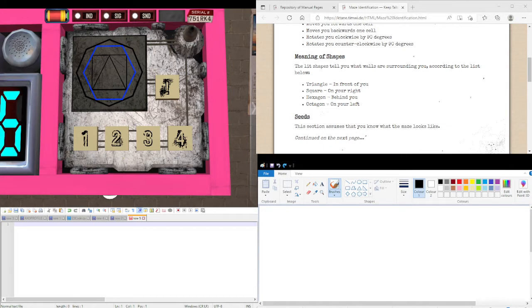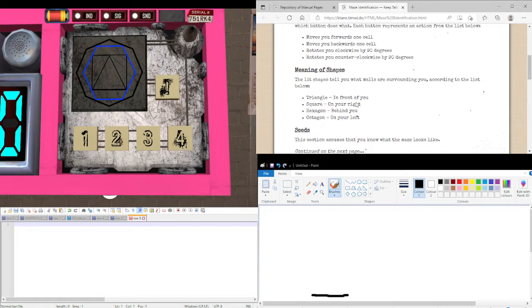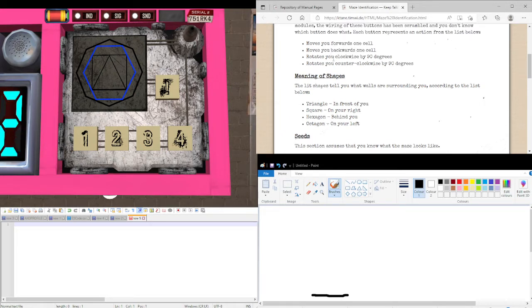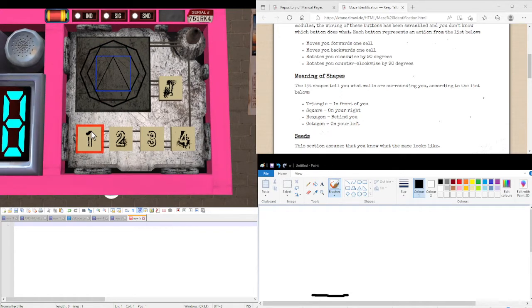So let's start with, we've got a lit up hexagon, meaning that our only wall is behind us. So let's mark that here. And then these buttons will either move you forwards, move you backwards, rotate us counterclockwise or clockwise. So let's press 1.